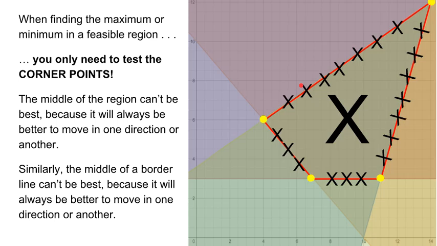The only thing remaining are the corners, because if you move in one direction, eventually you will hit a corner point. So the corner point is going to be the best that we can do. So you only need to test the corner points when you're trying to maximize or minimize and looking for a solution within your feasible region.